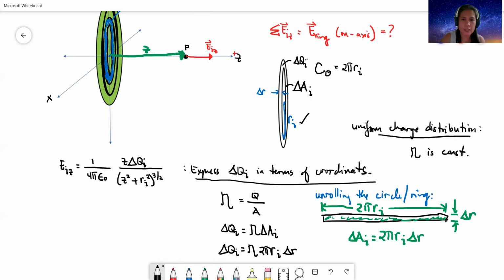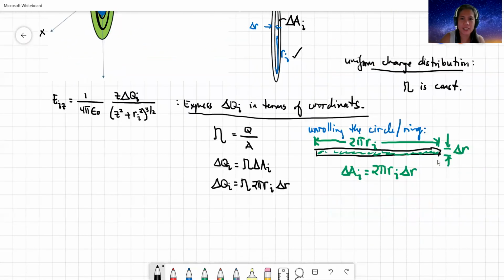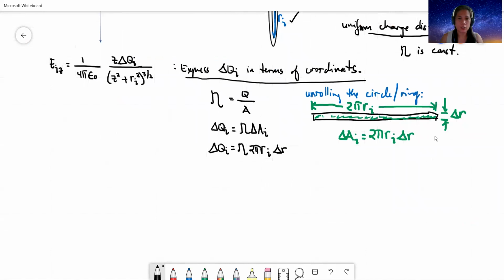We have to be very careful with the symbols, otherwise we make mistakes. So delta q sub I is now already expressed in terms of coordinates. When I speak of coordinates, these are r sub I and delta r.